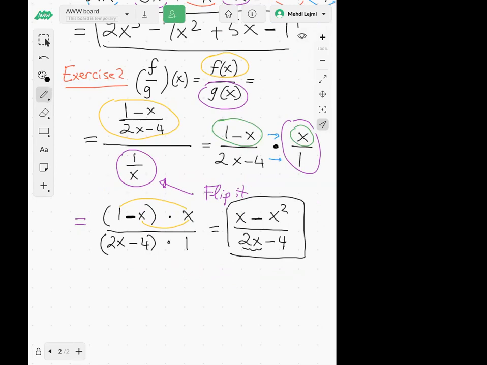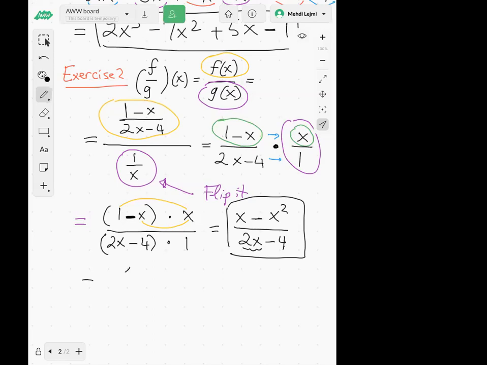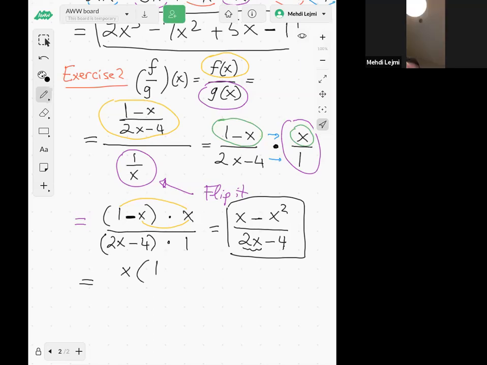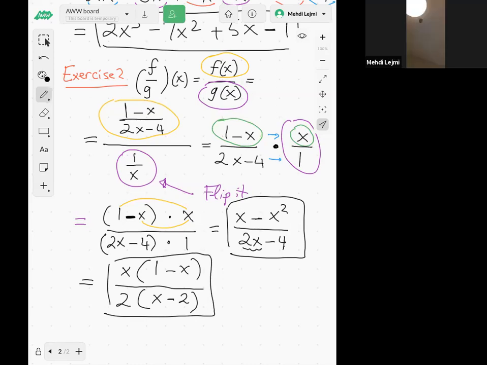Yes, absolutely, you can factor out the x in the top and you can factor out the 2 in the bottom. You're right. I'm just saying it doesn't cancel out. But anyway.